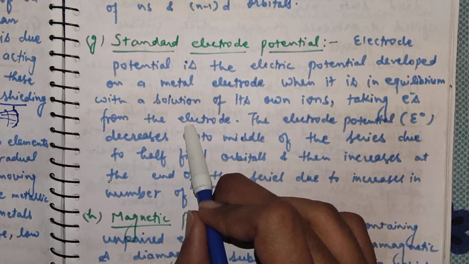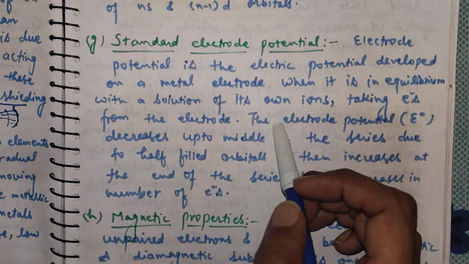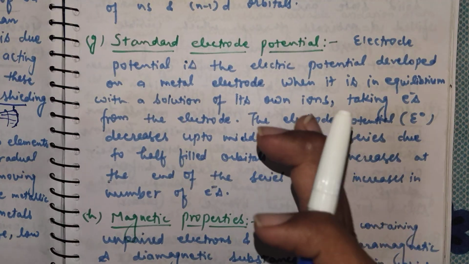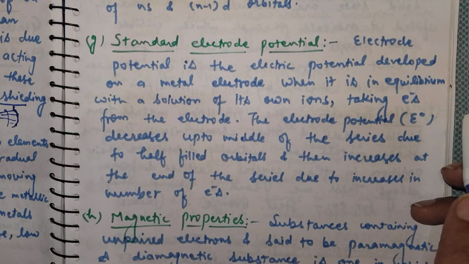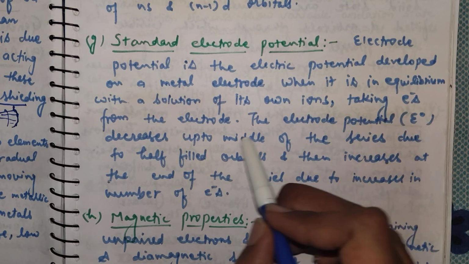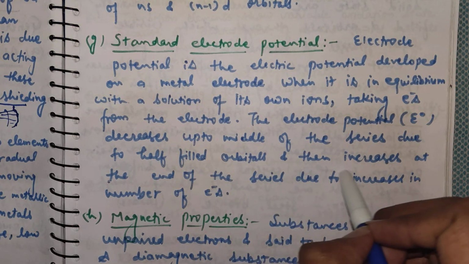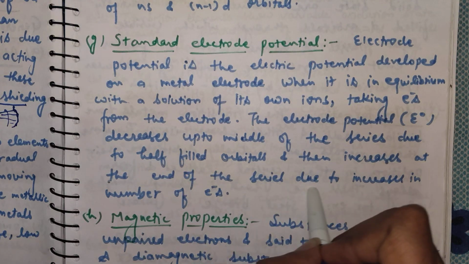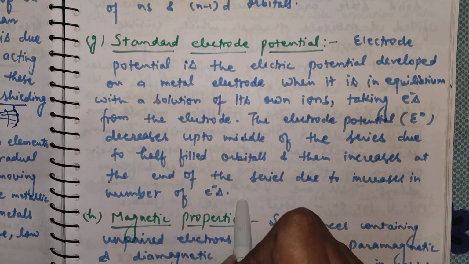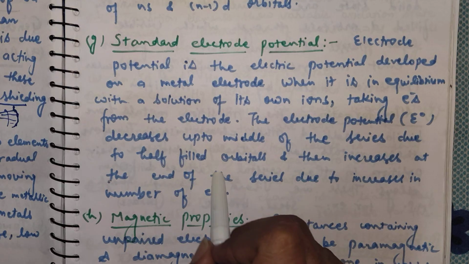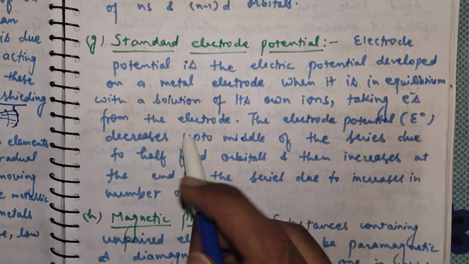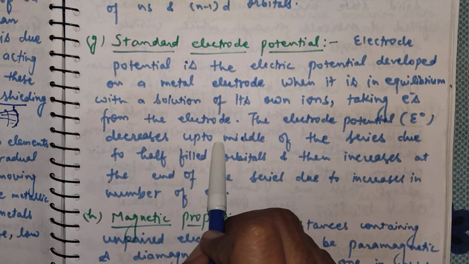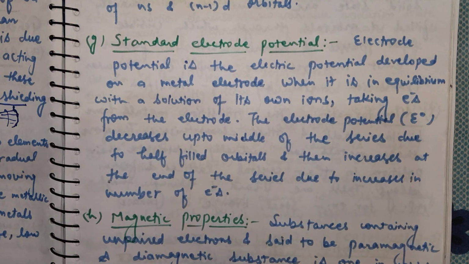It means up to the half portion of the series the electrons are not paired, but after the half portion the electrons start pairing up. The electrode potential decreases up to the middle due to half filled orbitals, and increases toward the end of the series due to the increase in number of electrons. As the number of electrons increases, the potential increases from the middle, and from the start to the middle it decreases. So this is the reason behind that.